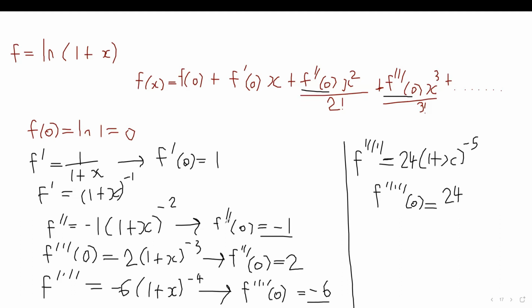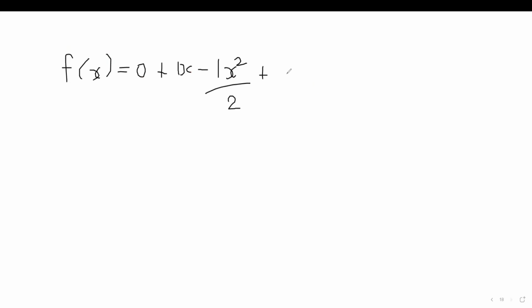Wait, where's f double prime? So f triple prime here, I made a mistake. f triple prime is this 2. f triple prime is 2. This is going to be plus 2x cubed over 6, that's 3 factorial. Then I realized that it's a plus.